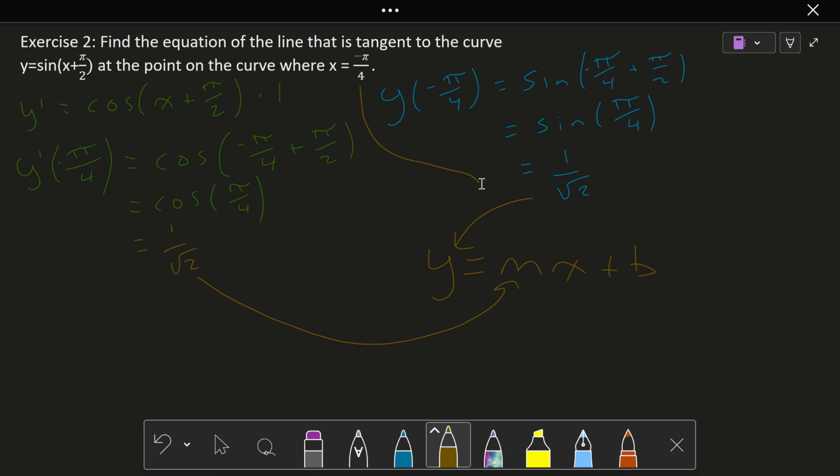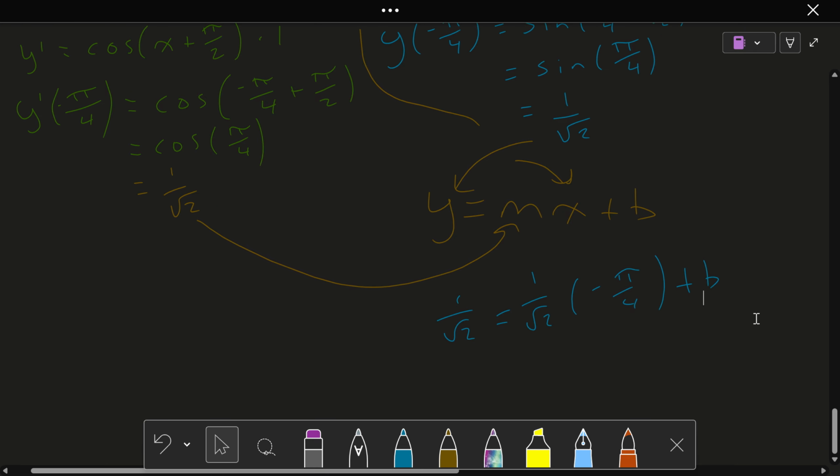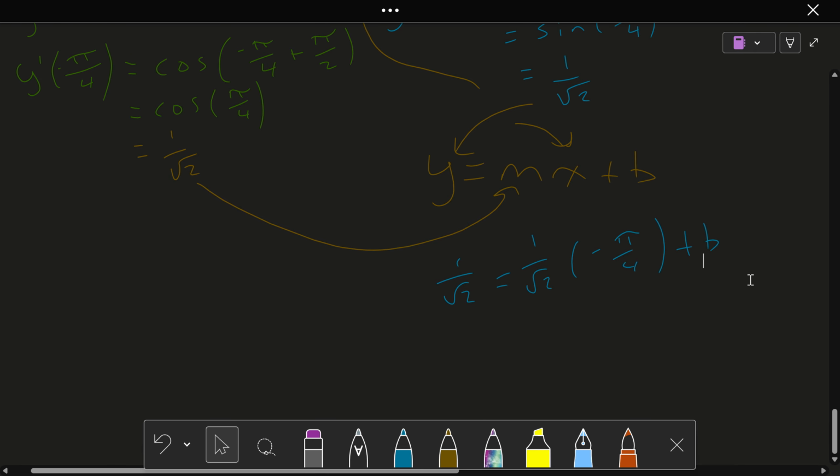And I have my x. So 1 over root 2 equals 1 over root 2 times negative pi over 4 plus b. So it's not going to be a great b, but we can just figure this out here.